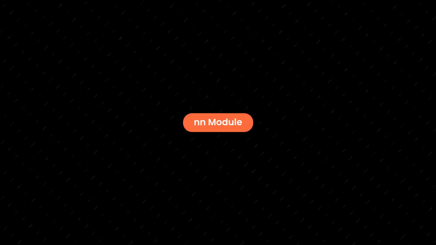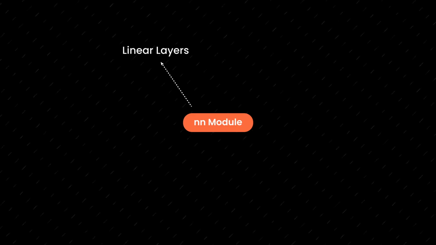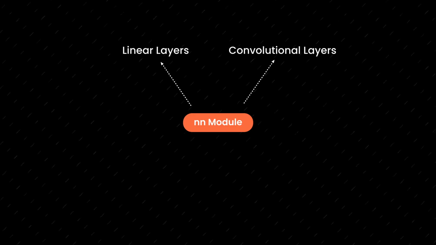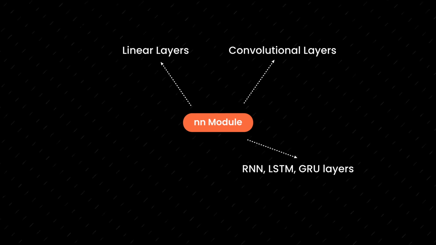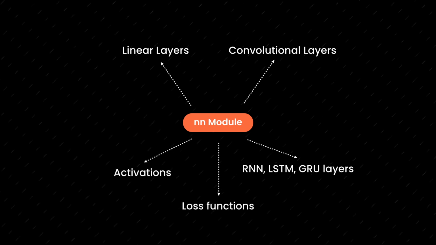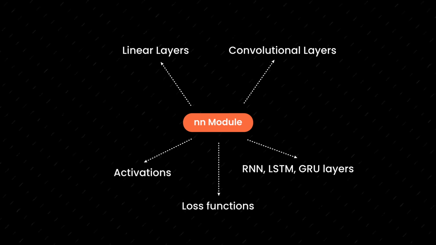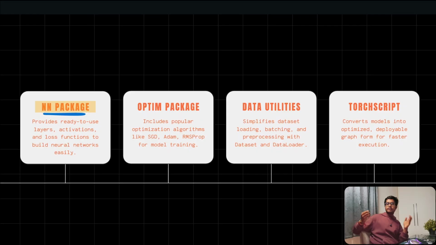It provides us linear layers which we use in ANNs, convolutional layers which we use in CNNs, RNN layers, LSTM layers, GRU layers. It gives us loss functions and activation functions so that we don't have to manually code them from scratch. And trust me guys, these are highly optimized. So instead of coding them, we can just use them and build our neural networks much faster.